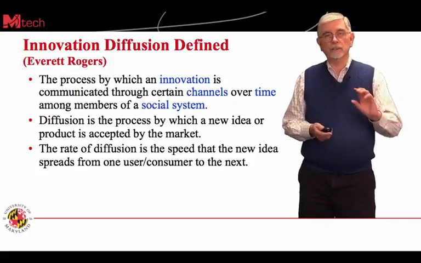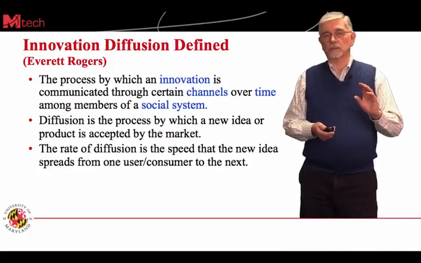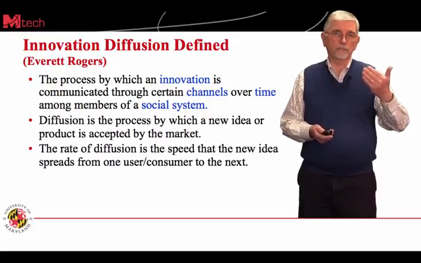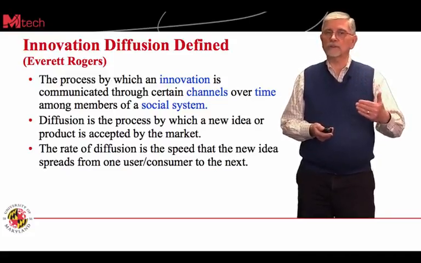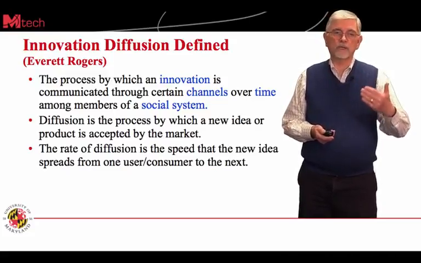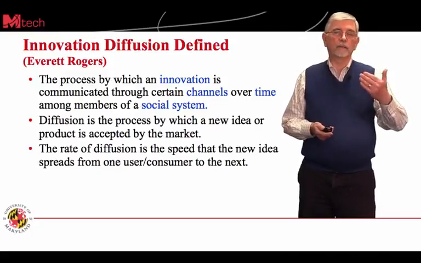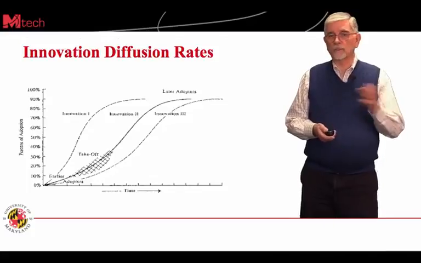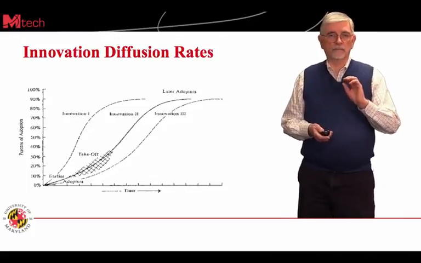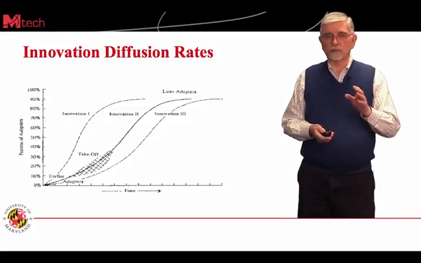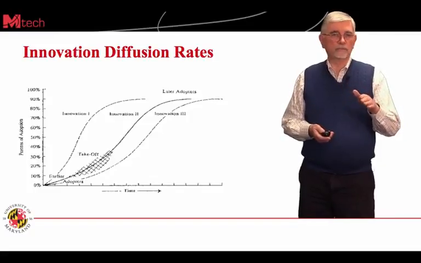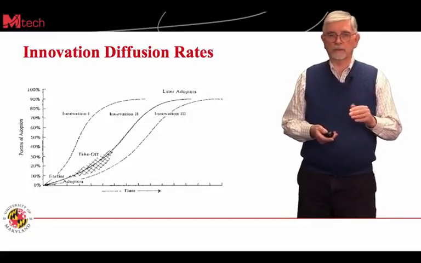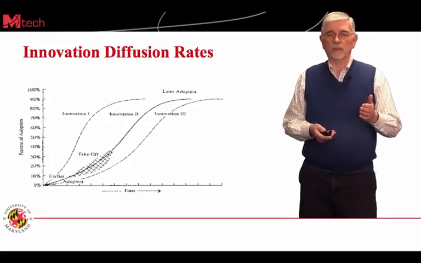And so this idea was picked up by the business community and applied to how innovations are actually diffused and adopted in customer communities. So this slide is a view of a couple of innovation rates, and as you can see, one innovation is adopted in a very quick pattern.